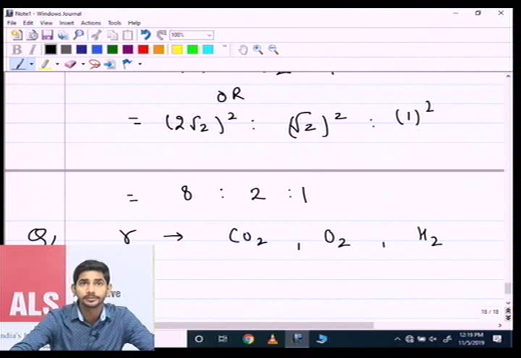Guys, in the current question, if you have any difficulty, I'll suggest you solve the root first. Make the square of everyone. You will get the answer much more easily.